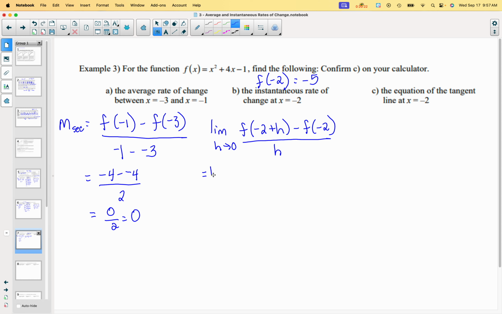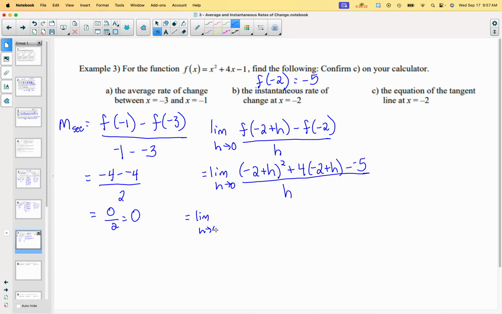Now I'm going to plug this in. If I put in a negative 2 plus h, I'm going to have negative 2 plus h quantity squared plus 4 times negative 2 plus h minus f of negative 2, which we already determined was negative 5, all over h.